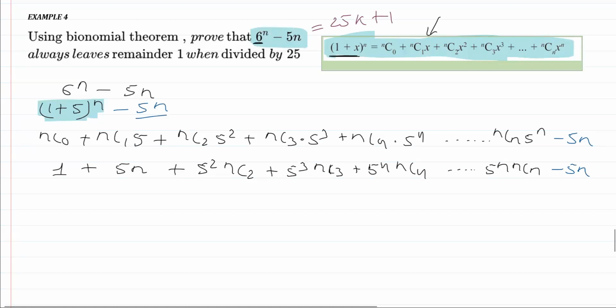As you can see that there are two like terms here, so these can be cancelled. That is 5n and minus 5n get cancelled.